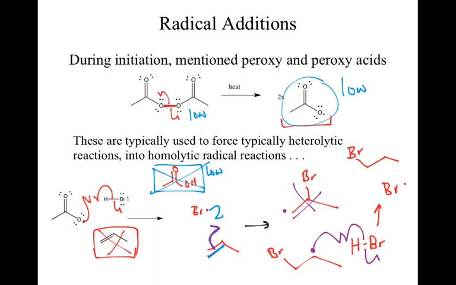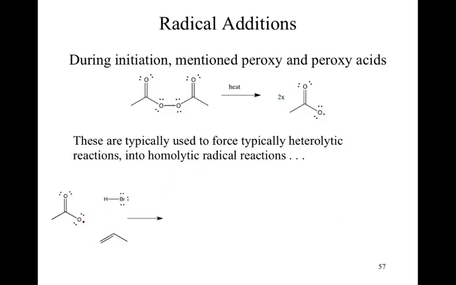So if we clear all that now, so you either need to pause if you want to keep looking at it, or just let it go. If we look at the end result, what we end up with is doing a radical addition where we have added bromine and hydrogen across the double bond. Okay? As an extra interesting feature, what happens if we had tried the same reaction with just adding HBr?